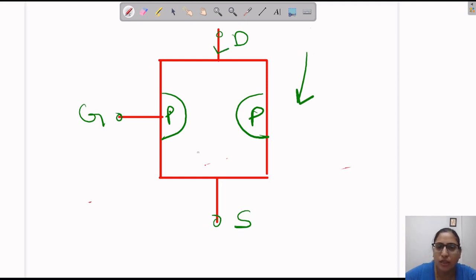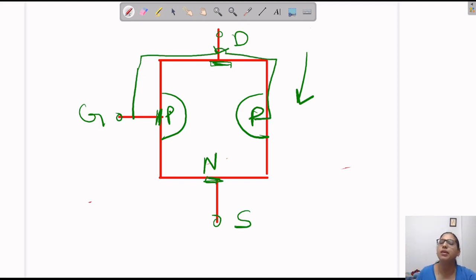Now here the impurity is N type, so N channel. Here we have to make the metallic contacts also. So these are the metallic contacts, and these two terminals are connected with each other. So this is the basic diagram of N channel JFET.